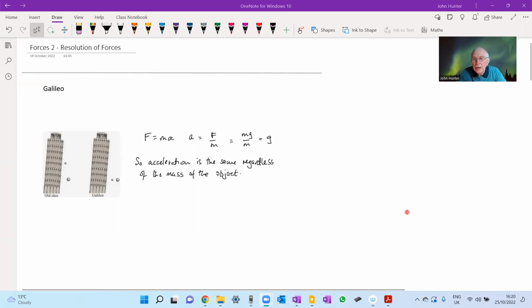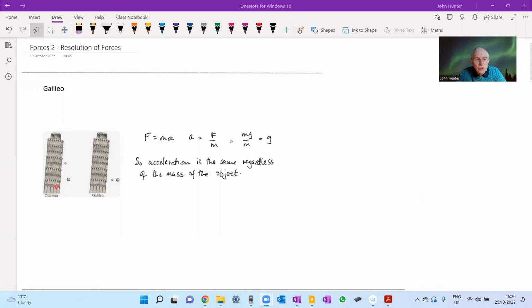We'll go back to Galileo's famous experiment where he dropped two metal balls off the top of the Leaning Tower of Pisa. When he did this, all the other scientists must have thought, why didn't we do that before?